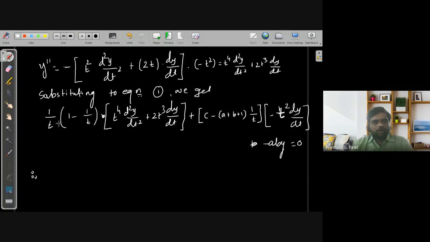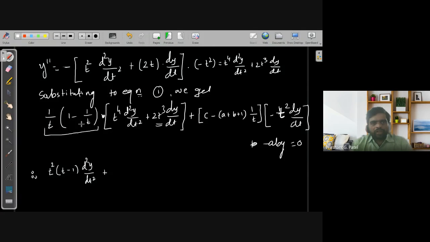This is t power 4, and if you take the LCM, the denominator will have t square. So only t square is left, and inside the bracket t minus 1, d square y by dt square. This is the coefficient of d square y by dt square. Now what is the coefficient of dy by dt? Let us see that, because this quantity is multiplied by t cube.